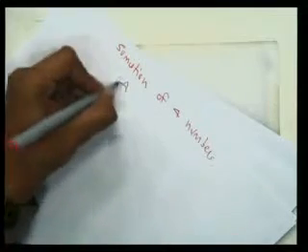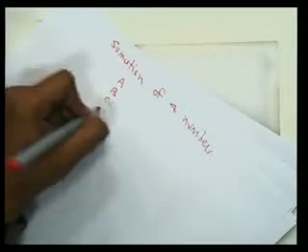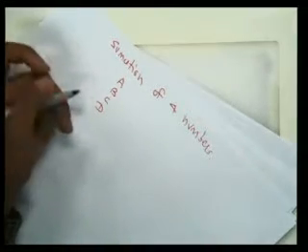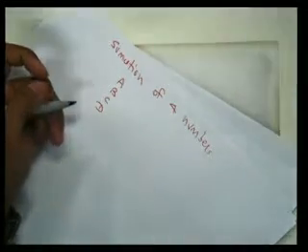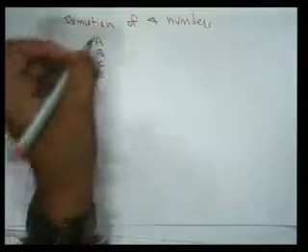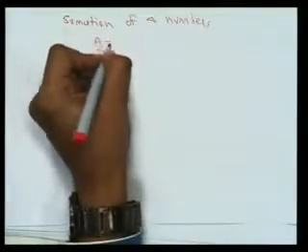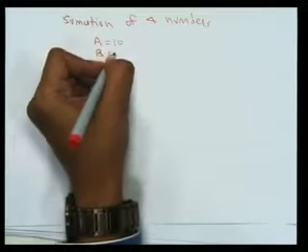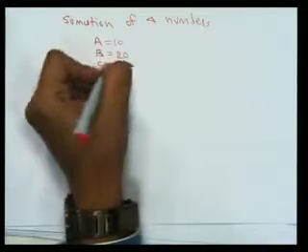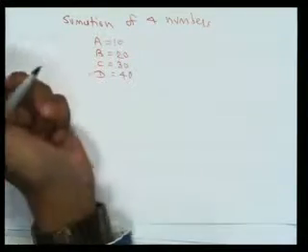Suppose I am having 4 numbers which are stored in 4 variables A, B, C and D. A is having 10, B is having 20, C is having 30, D is having 40. Now this is my problem.